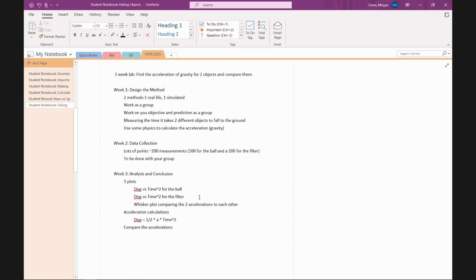You'll have a plot of displacement versus time squared for the filter. And then after calculating the acceleration, you're going to create a whisker plot that compares the acceleration of the ball and the acceleration of the filter to each other. Only to each other. You should only have the 2 points on your whisker plot. Don't include gravity. Only the ball and the filter acceleration.